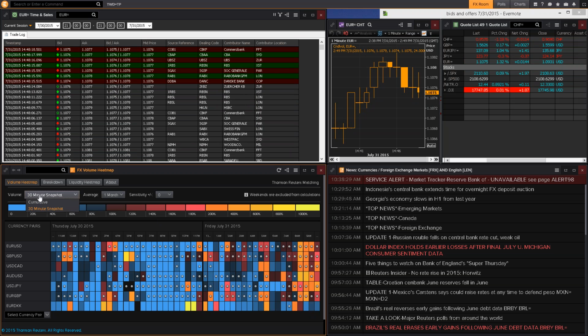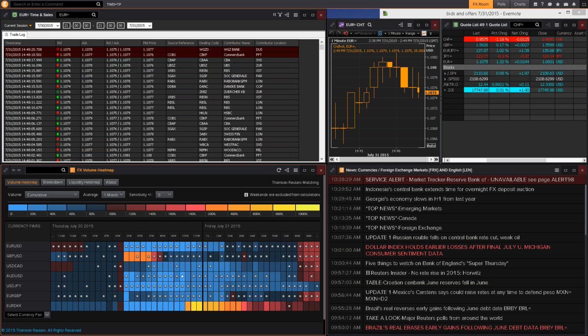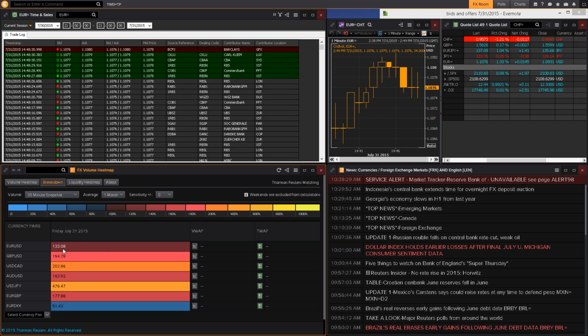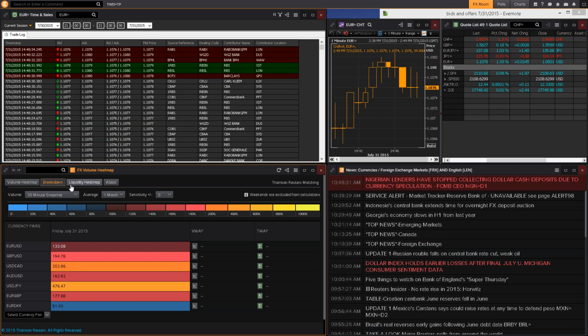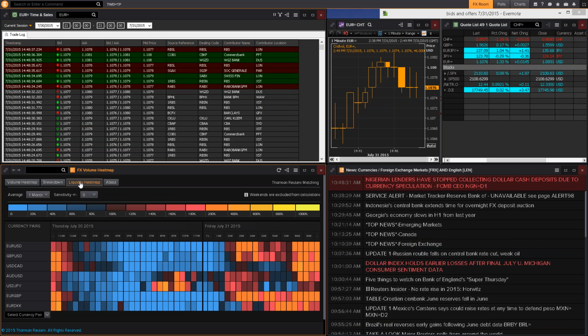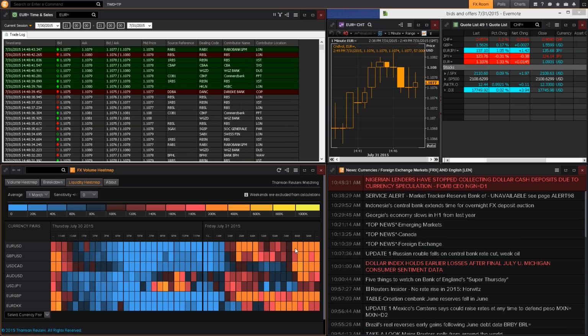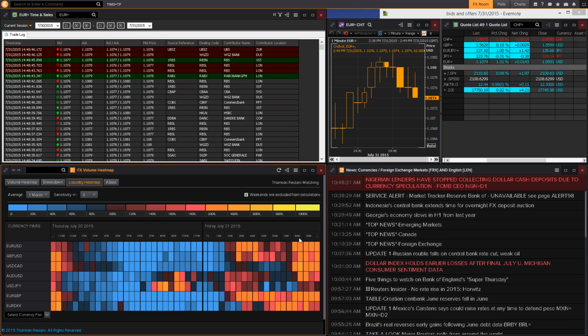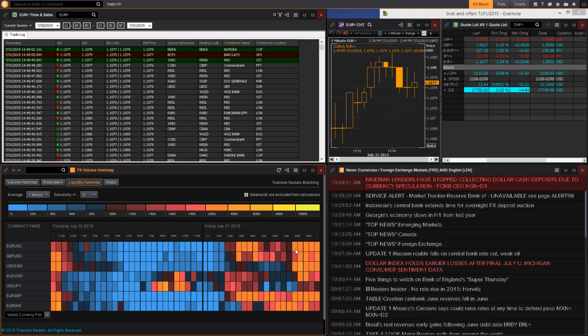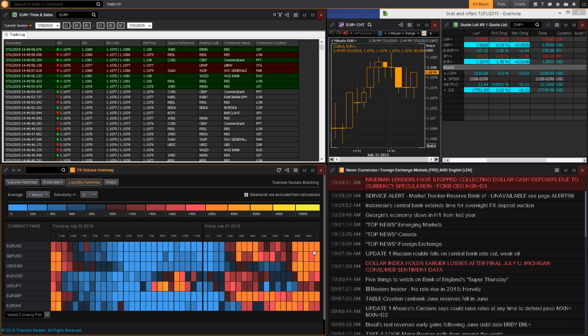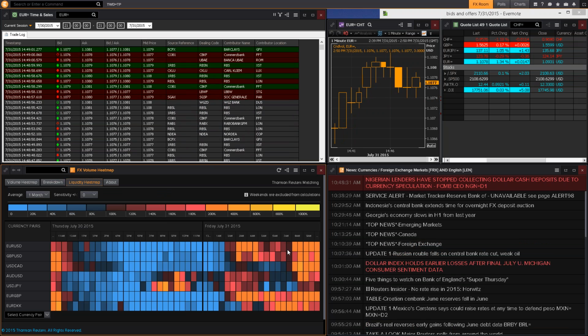All right, we have a 30-minute snapshot, and we can go see the breakdown, then the liquidity heat map, which since 8 a.m. started to pick up, and right at 8:45, I believe, it just jumped up.